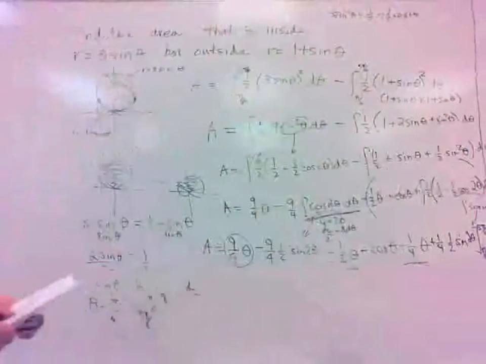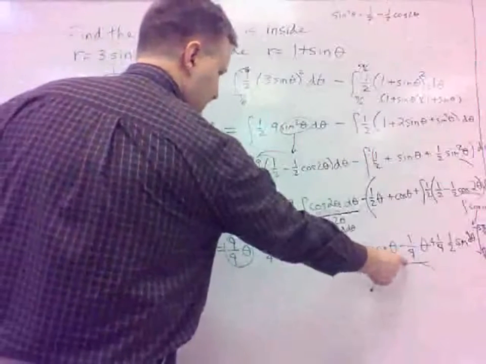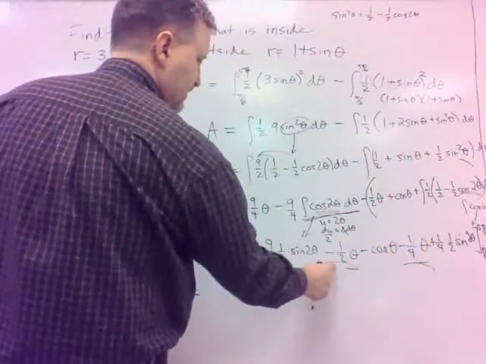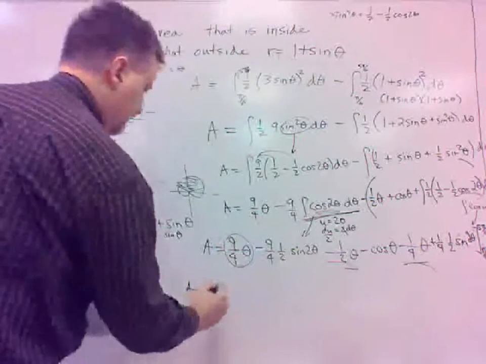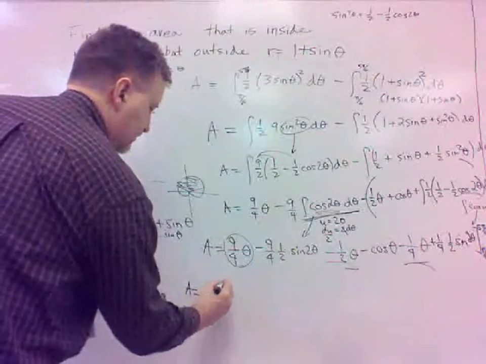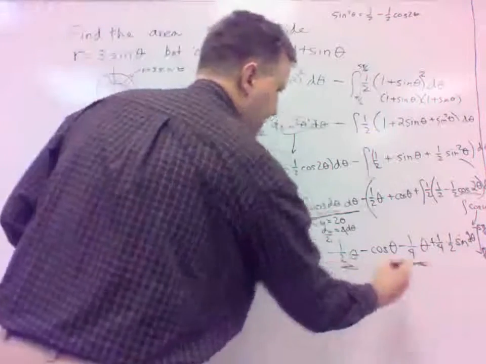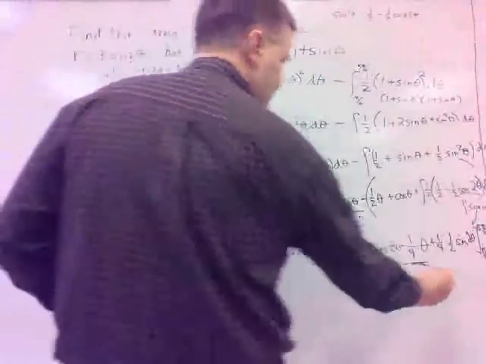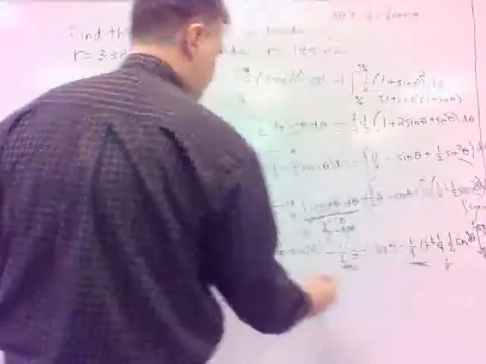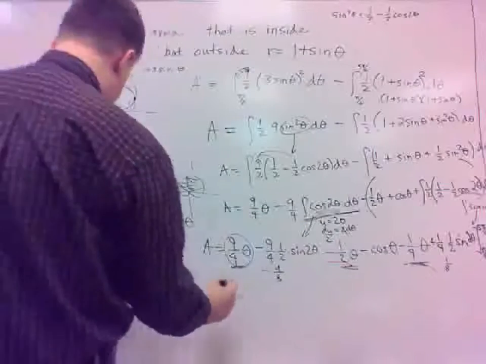What is that going to give me? Well, that's going to give me 8 pi over 4 minus 6 pi over 4 theta, 3/2 theta. I think if we combine all these, I get 3/2 theta. And then that's 9/8 sine 2 theta, and that's 1/8 sine 2 theta, but it's minus 9/8 plus 1/8. That's minus 7/8.